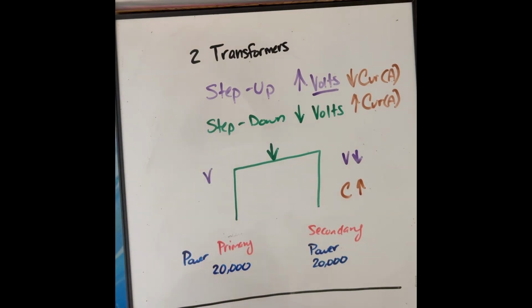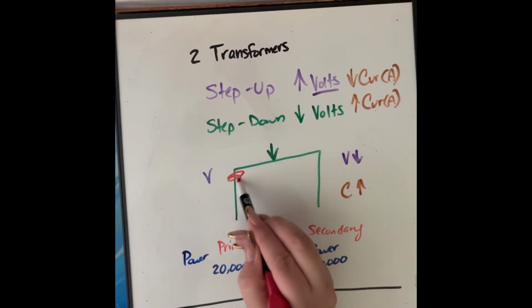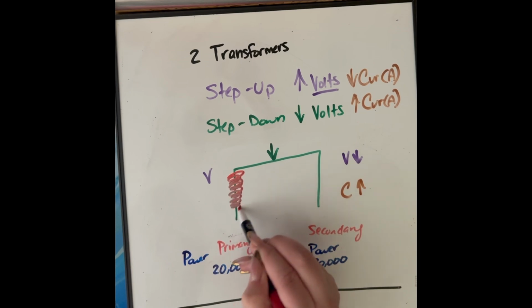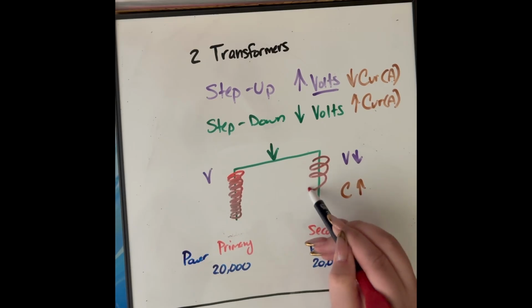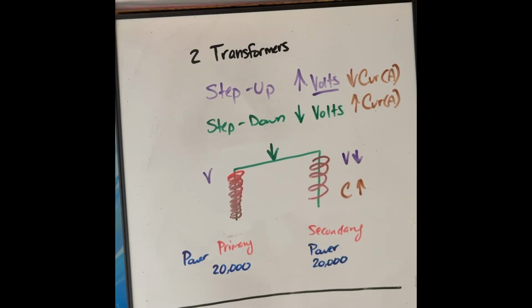So I'm going to draw our windings. These ones are going to be really close together over here. And then over here, we might get a few. So let's use those same numbers again. Let's say over here on our primary side, our left side, no matter what. Now before, we had more windings over here.